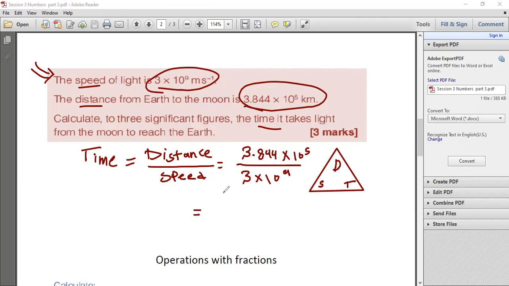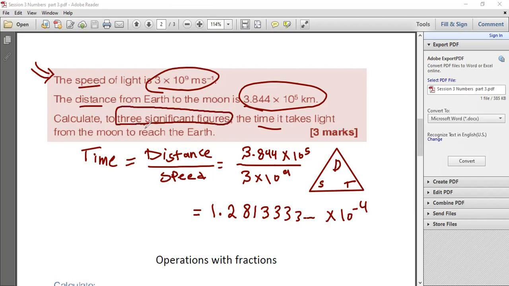So the answer is 1.281333, times 10 power negative 4. And he said to 3 significant figures. Shabab, do you know the significant figures or did you forget it? If you remember it, press 1 in the chat. And you don't remember it.